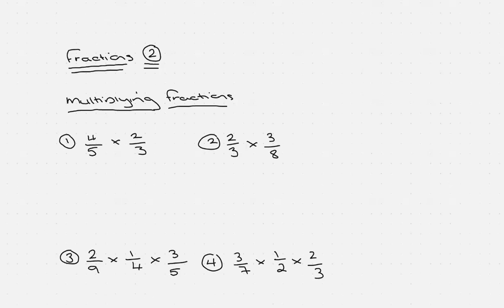When we're multiplying fractions, we're just going to multiply in straight lines, like train tracks. So all we need to do is a straight line between the top, a straight line between the bottom, and we just times along those lines. So in the first case, 4/5 times 2/3 becomes 8/15.